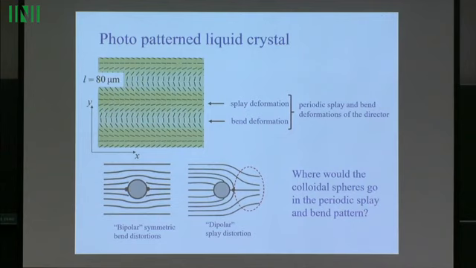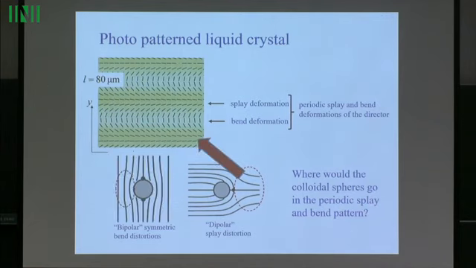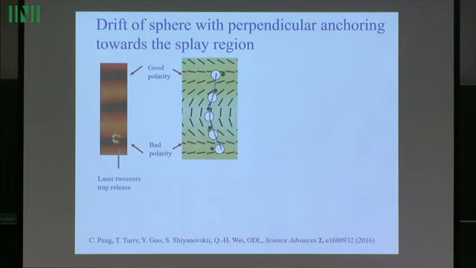And if you let this particle into the cell with these patterns, the particle of this dipole type would move into the splay regions, and the particle that prefers tangential orientation would move into the tangential stripes, into the stripes in which you have bend.